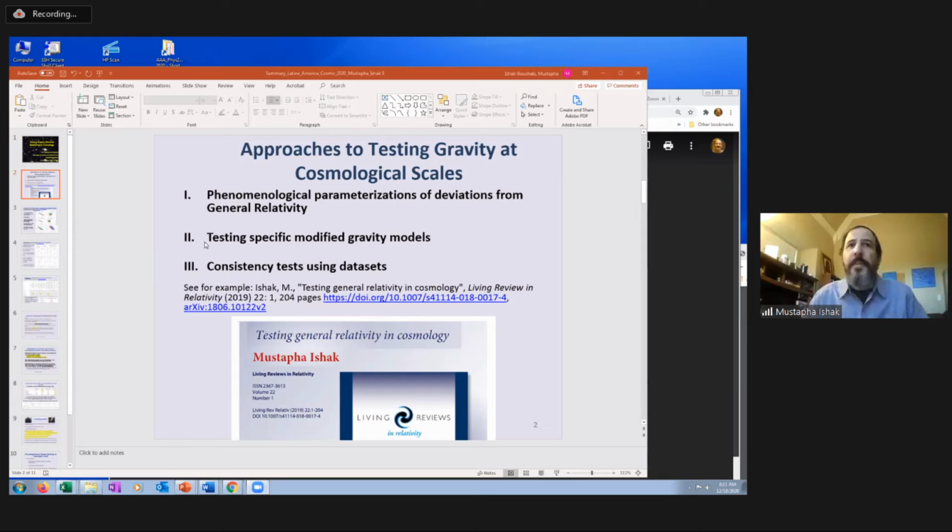The second method is to go after some individual models and test them. The third one, which is more recent, is to go after these inconsistencies and tensions between the data sets and dig into them. Maybe they're going to tell us something about gravity. For people joining the field or advanced graduate students, there is a review if you want to look at the background.